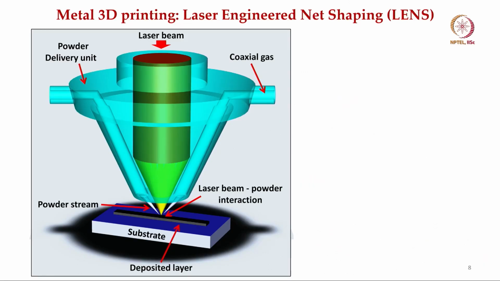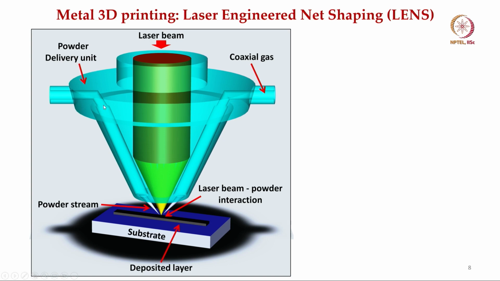There is another technique called metal laser engineered net shaping. It is not the same as laser powder bed fusion processes, because here the laser beam is focused on a substrate, and at the interaction pool of the substrate with the laser beam, the powder is delivered through a coaxial gas shielded stream.